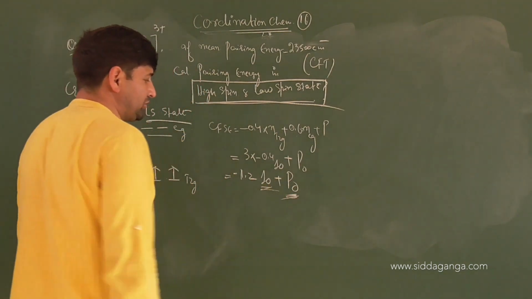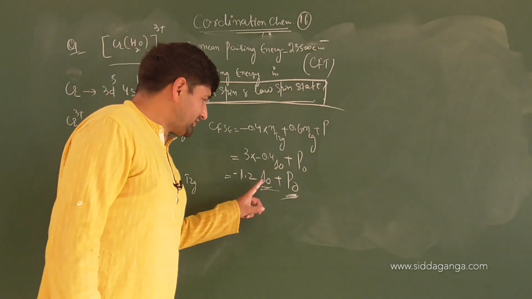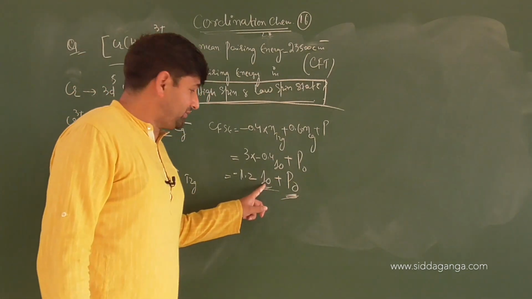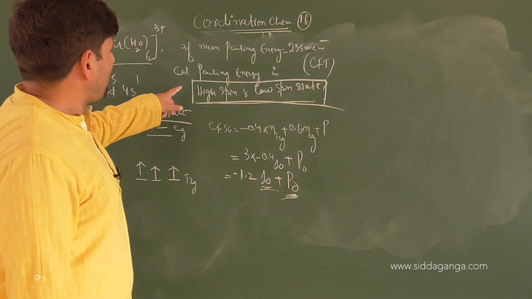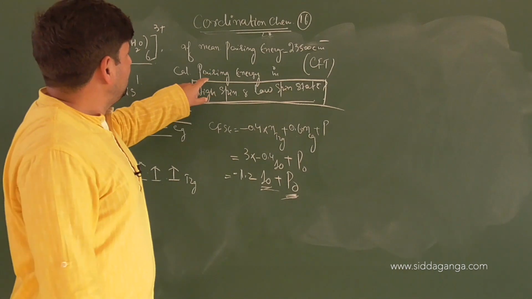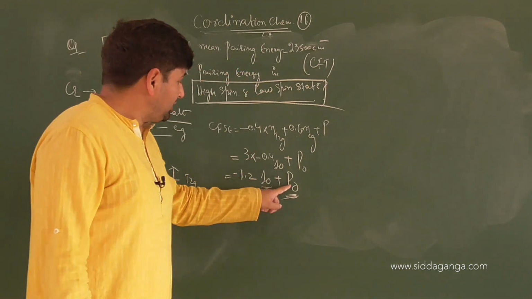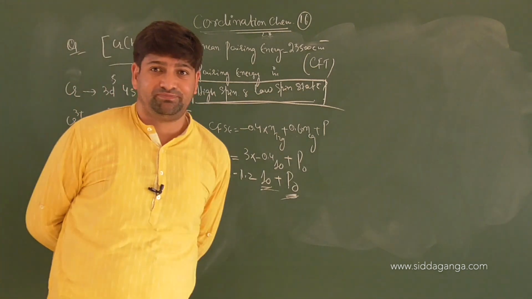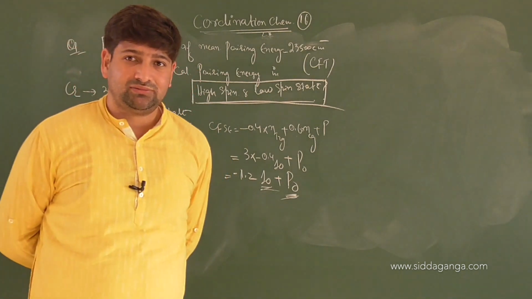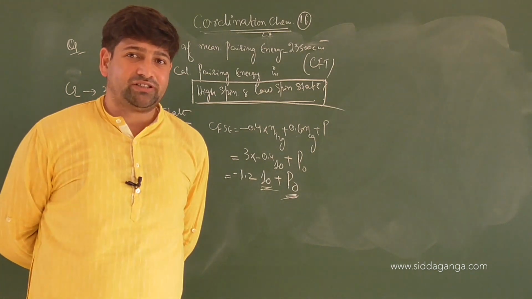For that we should have been given delta 0. When crystal field splitting energy is also given, you will be easily in a position to calculate what? The pairing energy. This one in low spin and high spin states. Am I clear? You will be able to calculate CFSE or not.